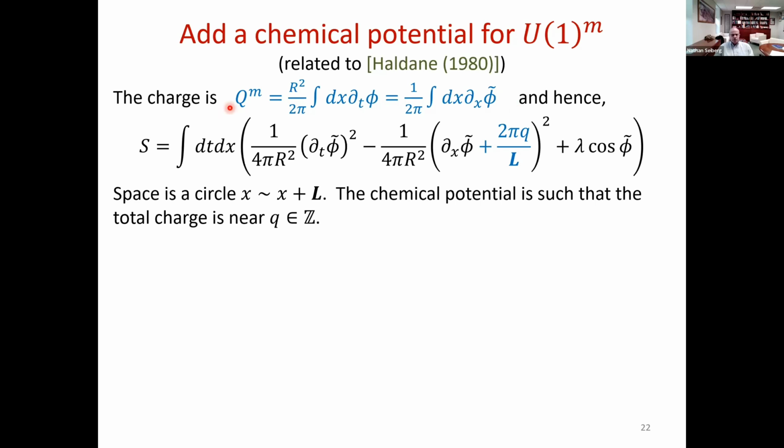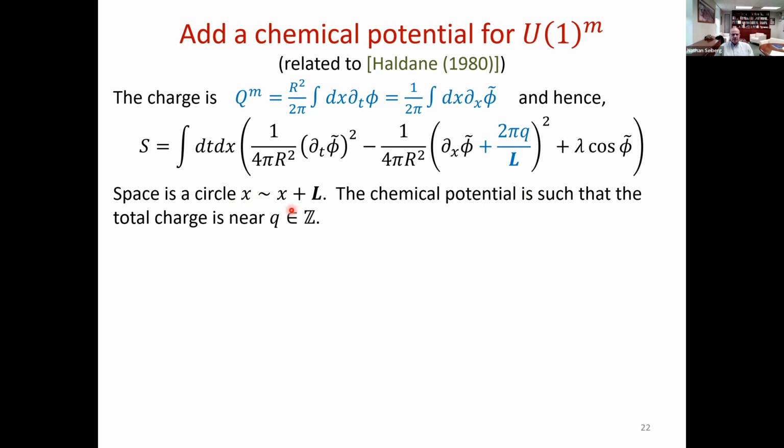So the charge I'm talking about is the winding charge of the dual scalar. And now we want to turn on a chemical potential for it. So we take the same Lagrangian we had before, and we add this term. The cross term here is the coefficient times this charge, hence it's a chemical potential. And there's an additive constant that doesn't make any difference.